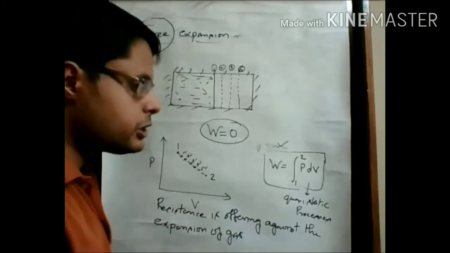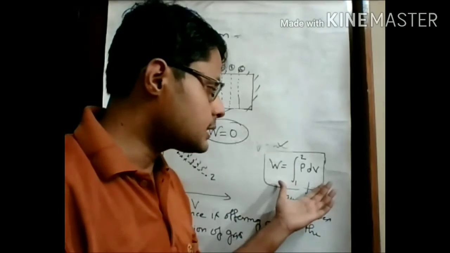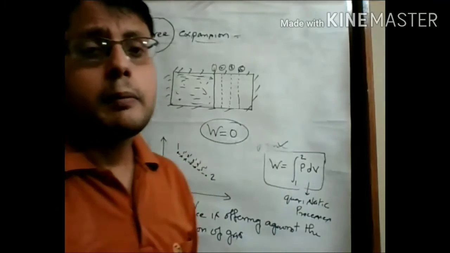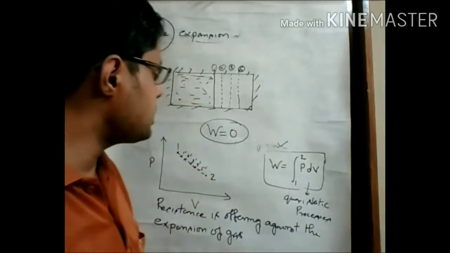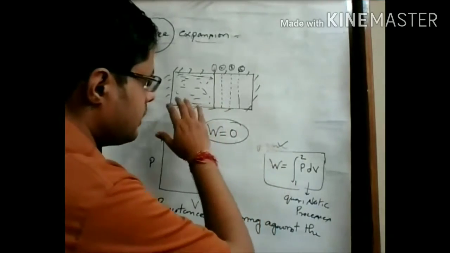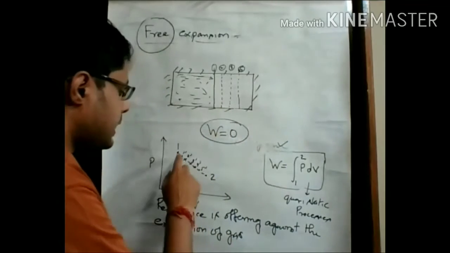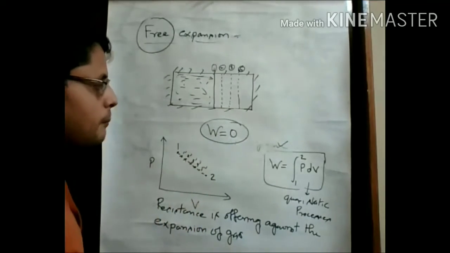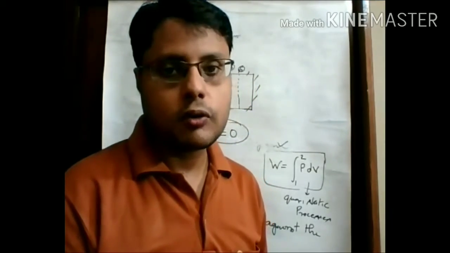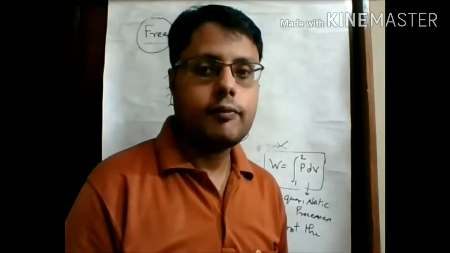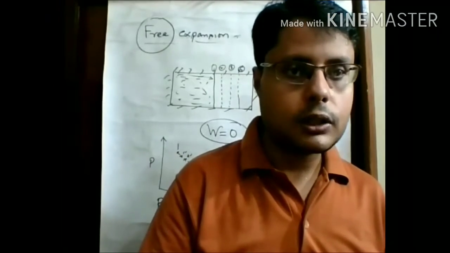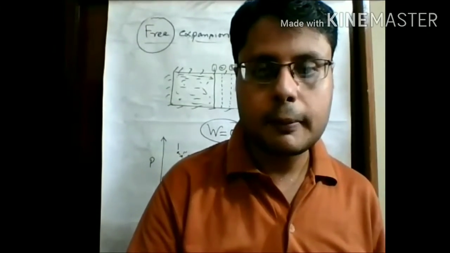So in the first condition, we cannot use this expression because we have no intermediate stages between initial and final. In the second condition, if we divide this process in a very slow manner, then we can get these intermediate positions. But due to the absence of any type of resistance against the deformation of the gas, we can say that in a free expansion, work done is always equal to 0. Okay, so this is all about the free expansion process.